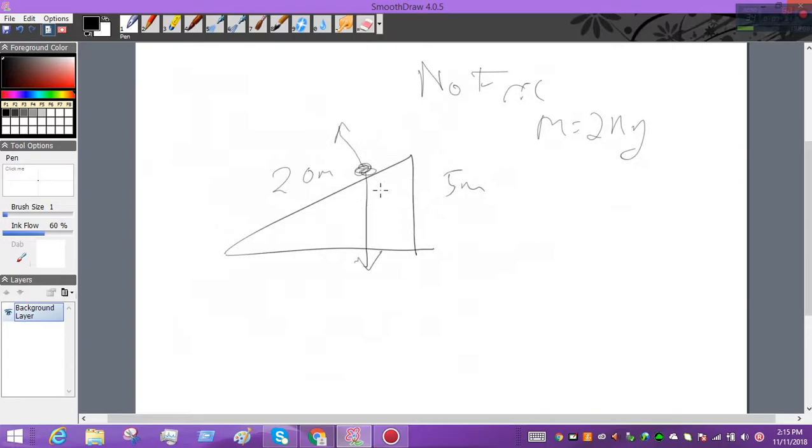Okay, so here's what we have to do. We know that the sine of this angle is equal to 5 over 20, or 1 over 4. I'm just going to leave that angle there, and then I'll use that later.